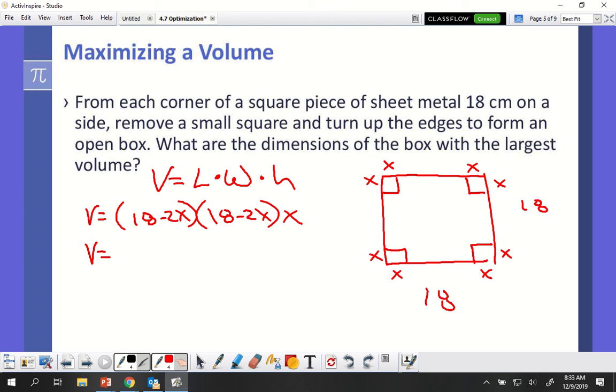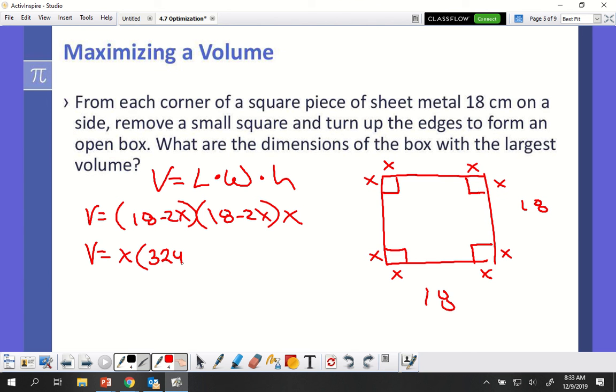So V is equal to x times the quantity 18 minus 2x, squared. 18 squared, 324.